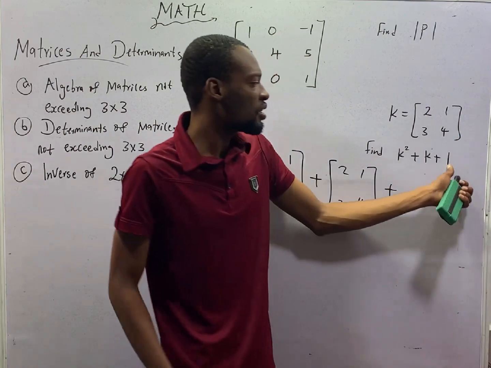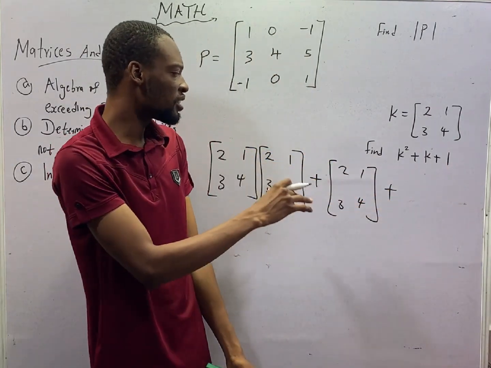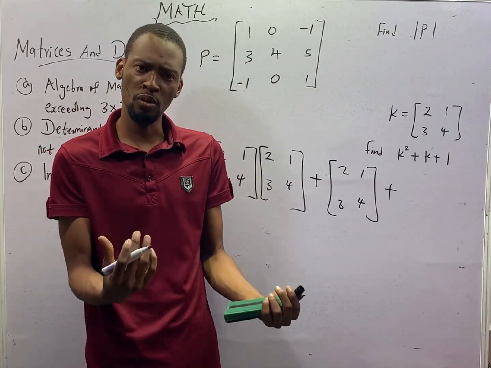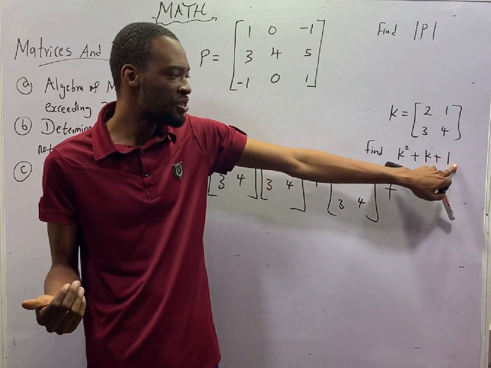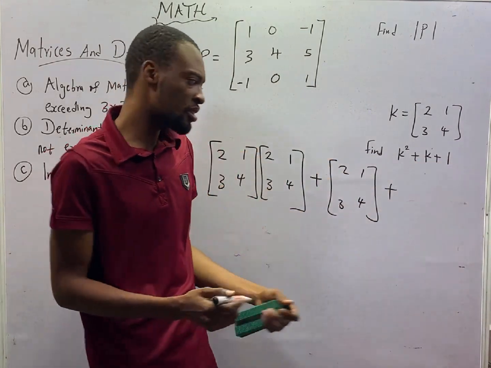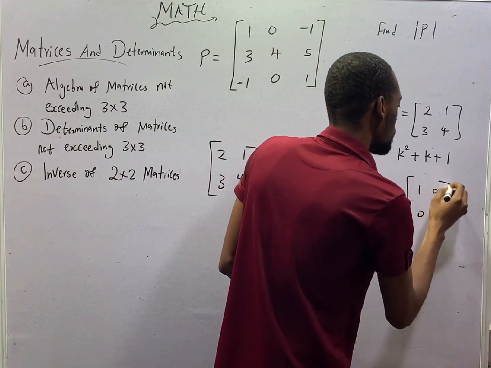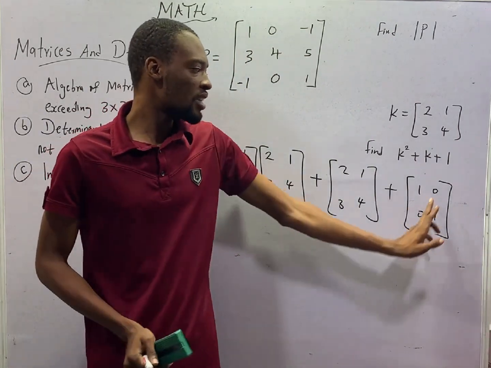Then plus, this is not 1, this is actually the unit matrix, because in dealing with matrices, addition or subtraction, they must have the same number of rows and the same number of columns. The identity matrix I for a 2 by 2 matrix is something like this: 1, 0, 0, 1. So if you are given I, it is the same thing as 1, 0, 0, 1.